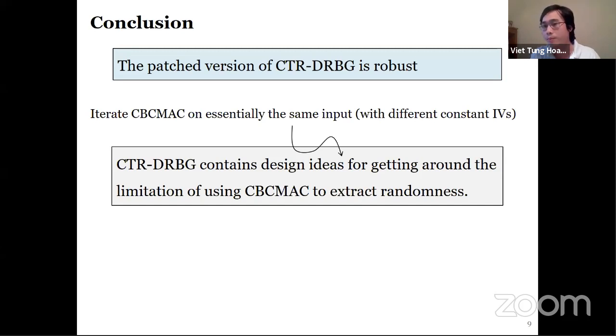Somehow the randomness was not good enough. And if you tweak the design in this complicated way, you are able to bypass that. So it seems that the design supports the security of counter DRBG both theoretically and empirically.